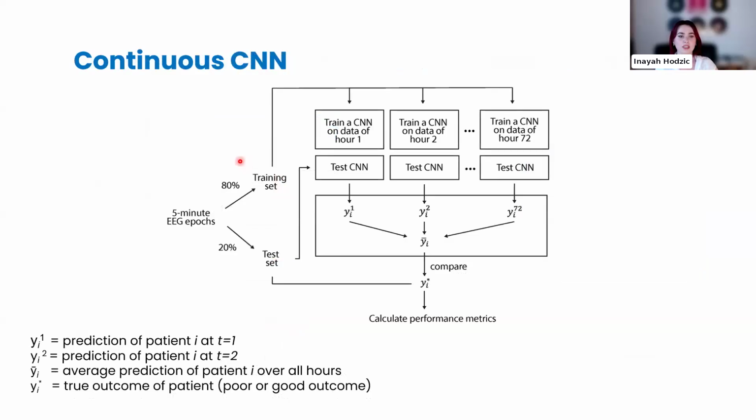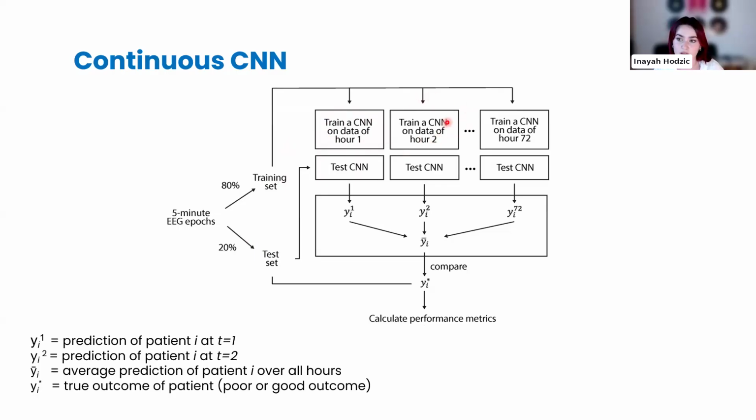So what we did is we had those 5-minute EEG epochs. We split them into an 80% training set and a 20% test set. And we trained 72 separate CNNs, each on an individual hour and the data obtained from that hour. So we had a CNN for data of hour 1. That included all EEG epochs that we had over all of our patients, but specifically of the first hour after cardiac arrest.